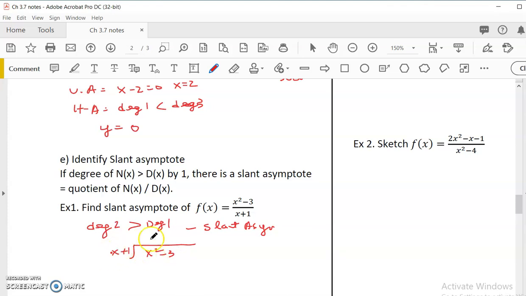Divide first term by first term is x. Then x squared plus x, minus, will be 0x minus 3. So it'll be negative x minus 3, right? And then we do minus 1.